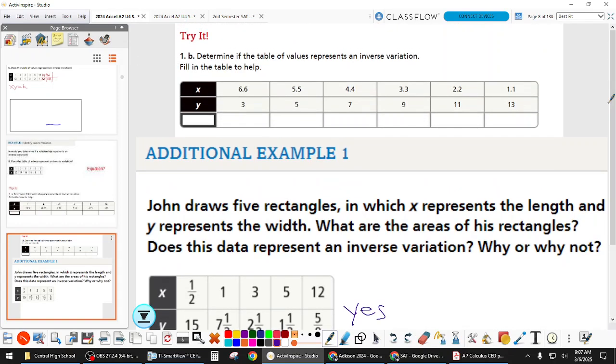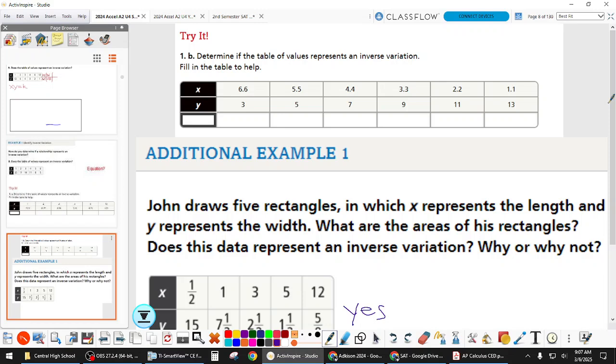There was one up here. See if you think that one is inverse variation. That's 5 times 5.9. Give me some math pieces.